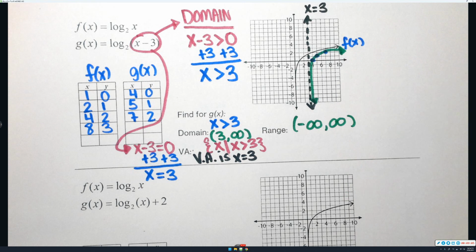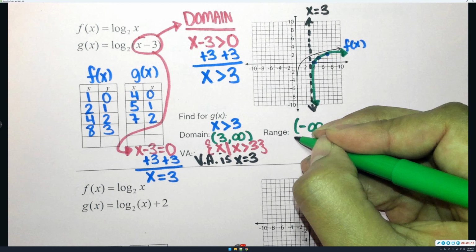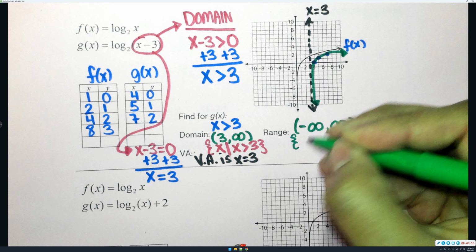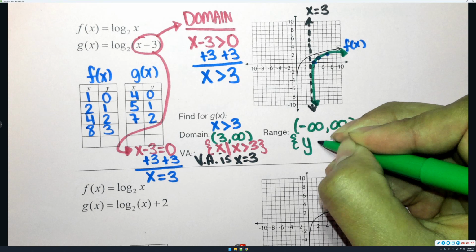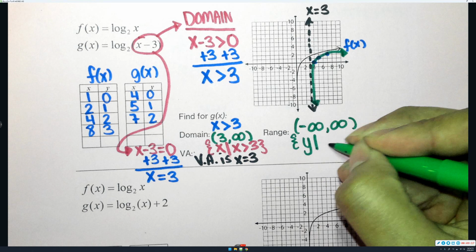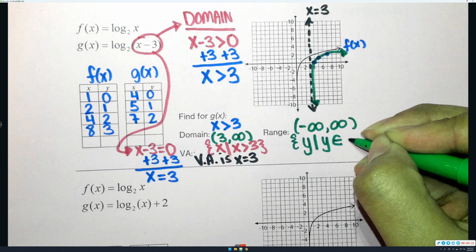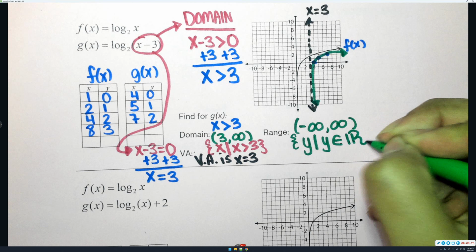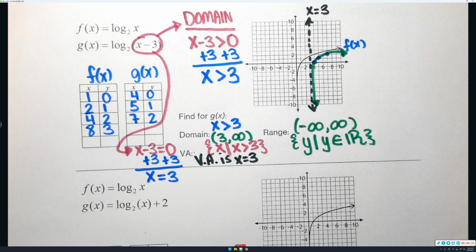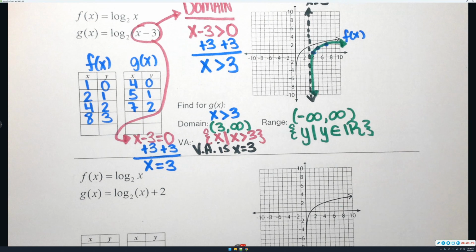Now, besides that notation, we also have the set builder notation. Watch this. We have a brace like this. We have our y. We have a vertical bar. And we have y is an element of all real numbers. Close brace. Okay?